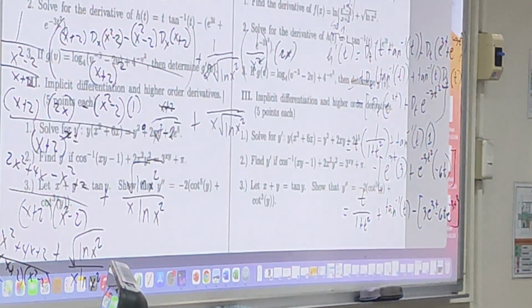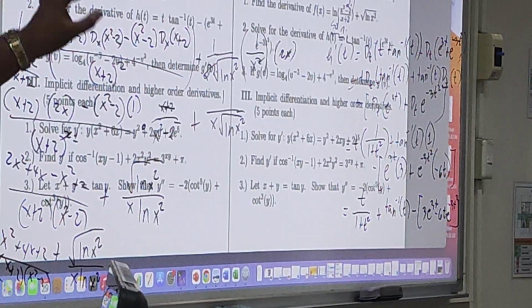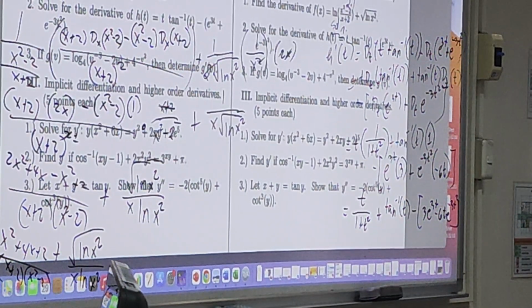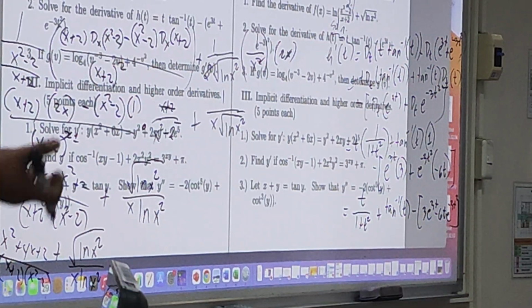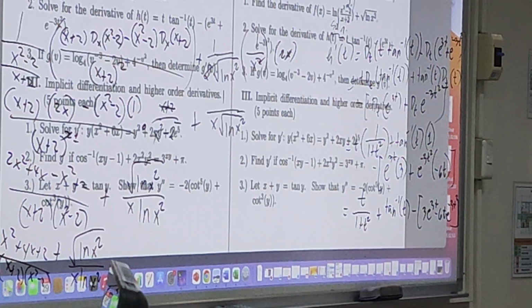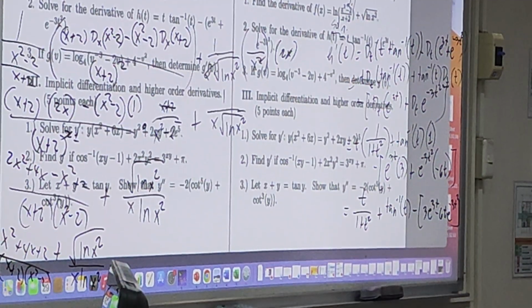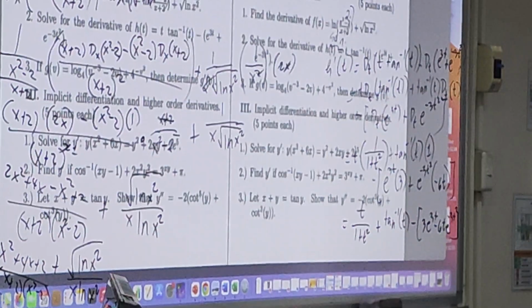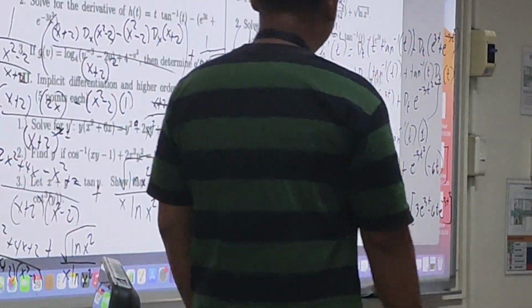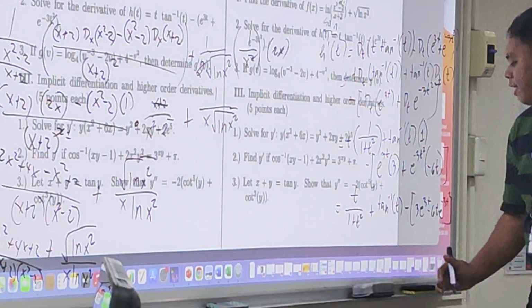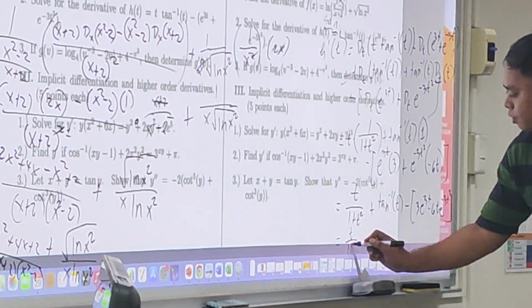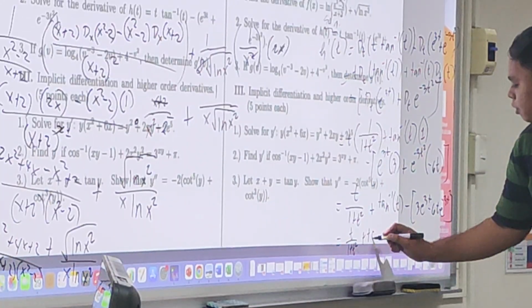So that answer is acceptable. Kaya kung masimplify, like an expression ng the second term, which is not simplifiable. But there is a rule that there should be no negative exponent.